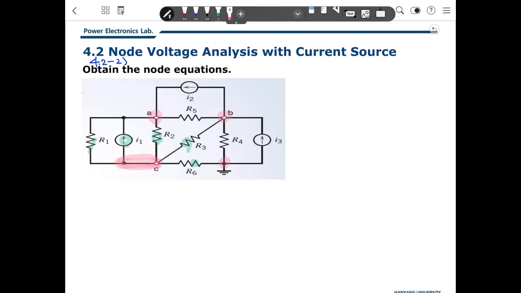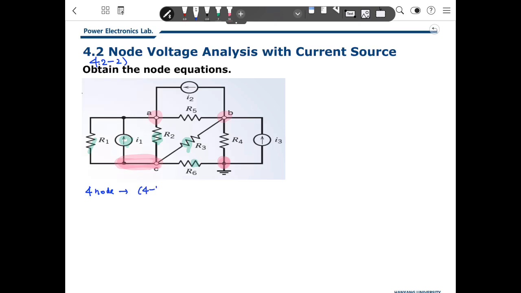And the problem gave us a ground point here, so we can choose this as the reference node. So then we can say there are 4 nodes.